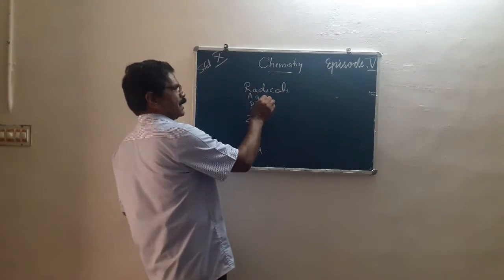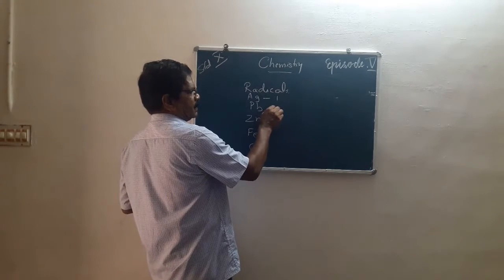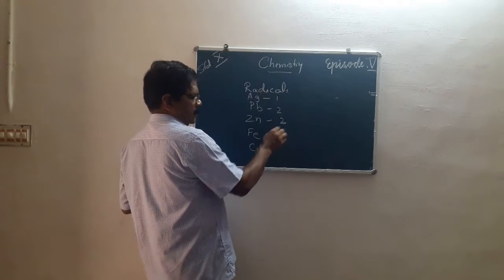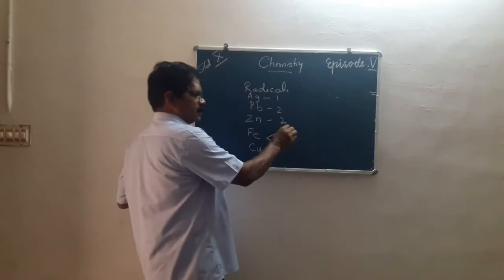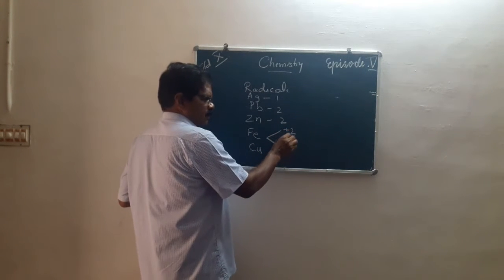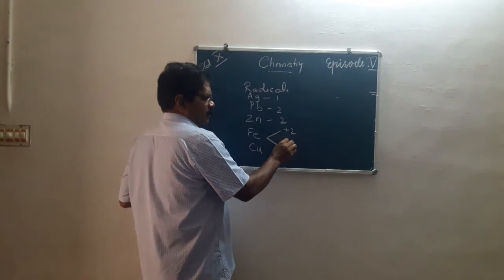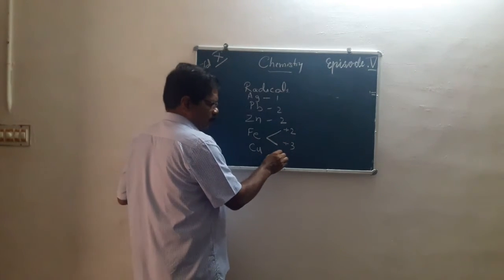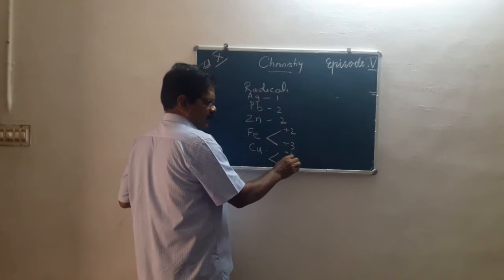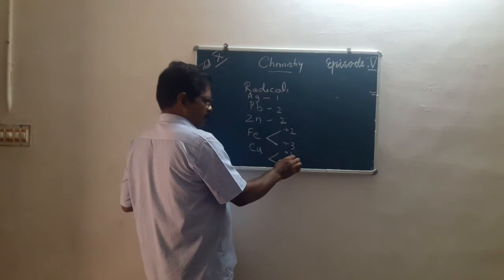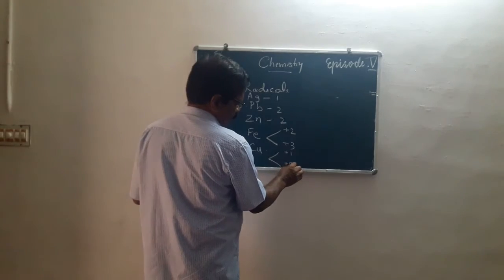The valency of silver is 1, that of lead is 2, zinc is 2, iron has 2 valencies. In ferrous compounds it is positive 2, in ferric compounds it is positive 3. Similarly, copper has 2 valencies. In cuprous compounds it has positive 1 valency, in cupric compounds positive 2.